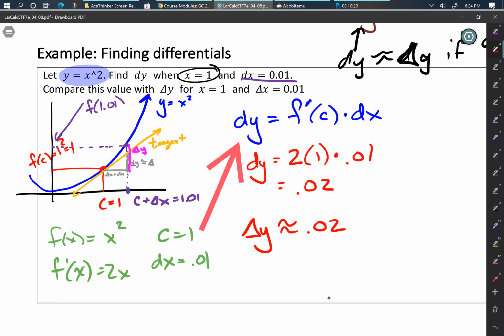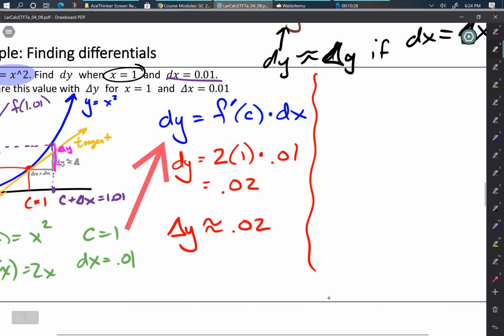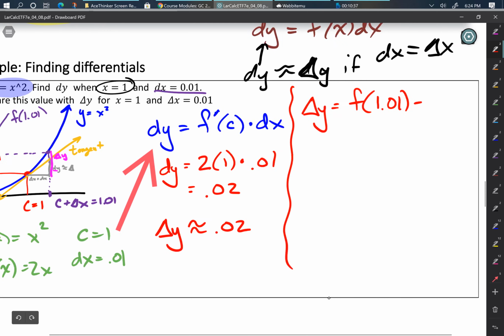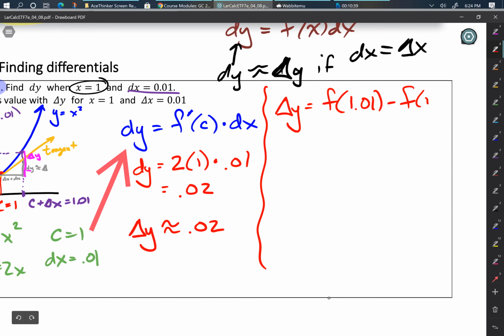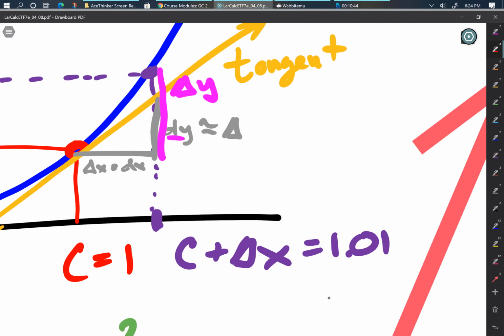Okay? Now what they want us to do is compare our approximation of 0.02 with the actual value. Well, the actual value, delta y, is going to be f of 1.01 minus f of 1. If I want to find that pink, I need to take the y value up here and subtract off the y value down there, and that's going to give me that pink.